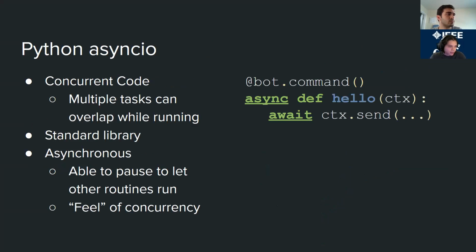I see a question that asks what await does, and I'm going to try my best to explain it here. Python asyncio is a standard Python library, and it allows us to run concurrent code and have multiple tasks that can overlap while running.